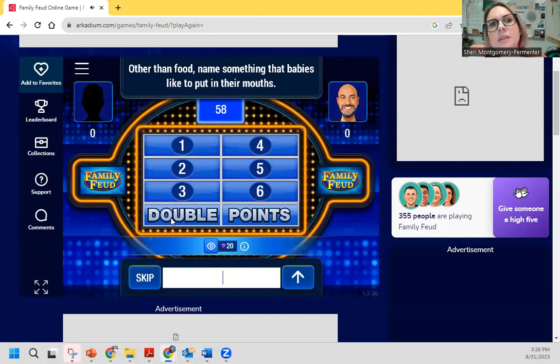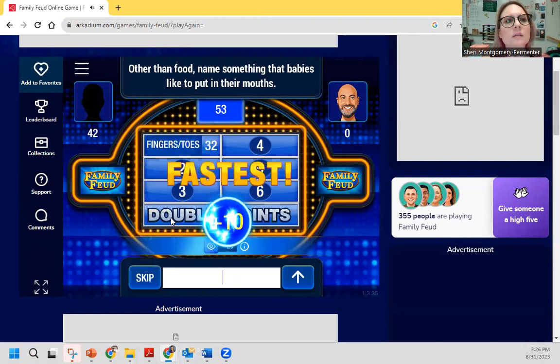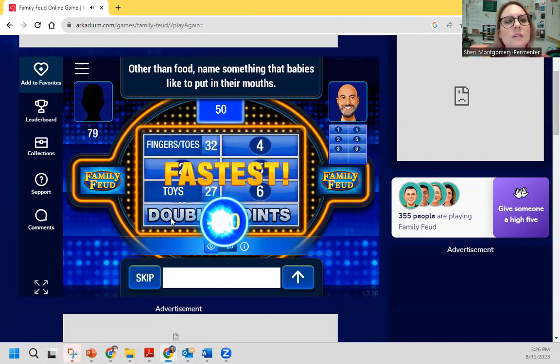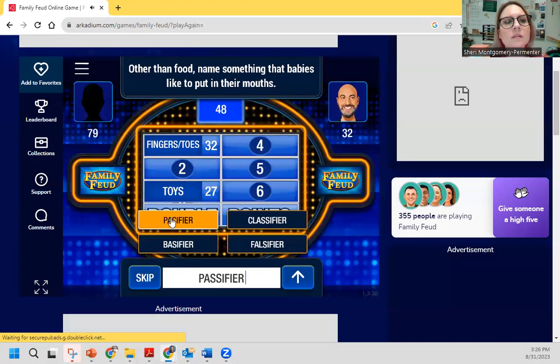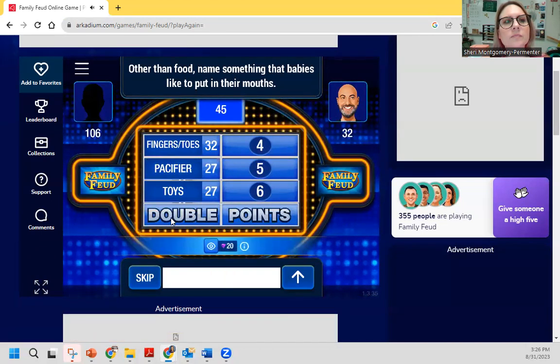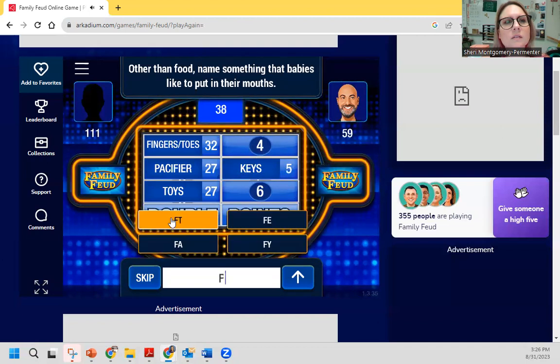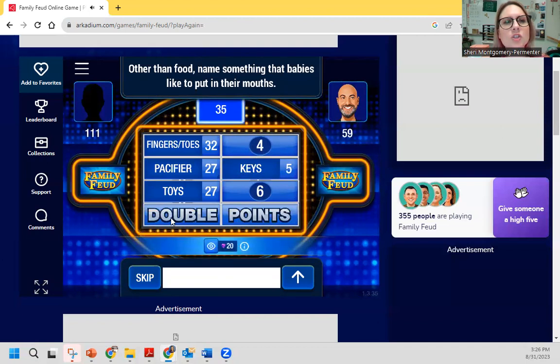Other than food, name something that babies like to put in their mouths. Toys. Utensils. I think that's toys, tools. Hands, that's what I chose and it said fingers and toes.